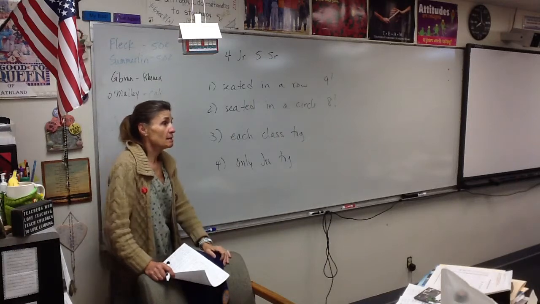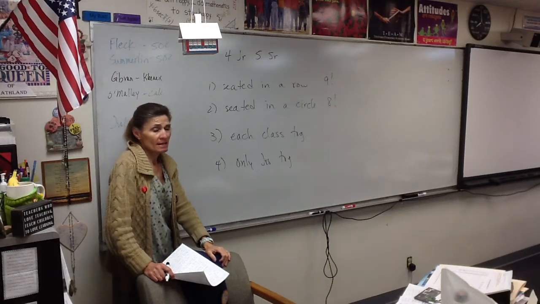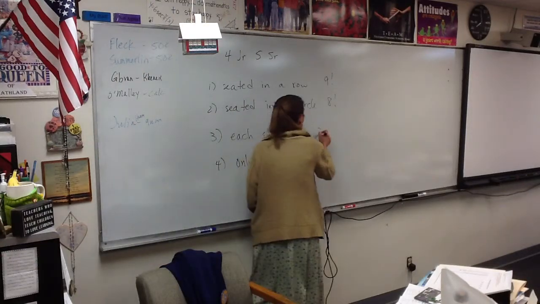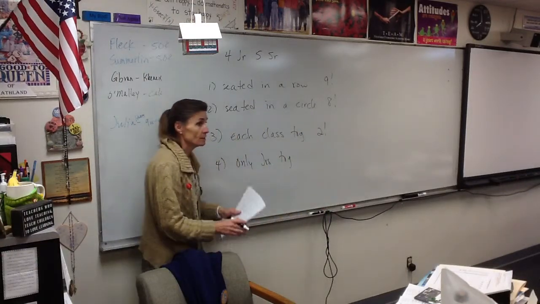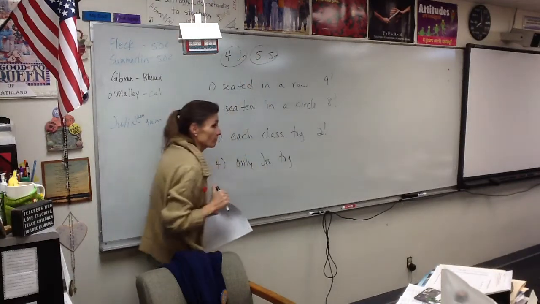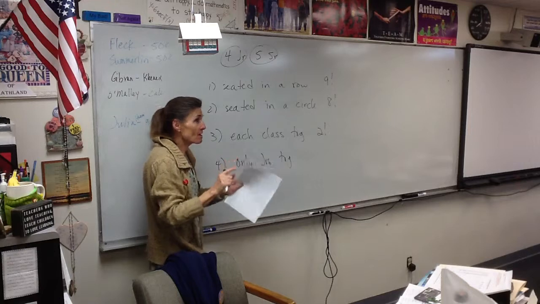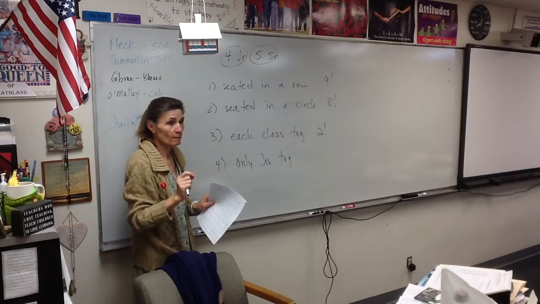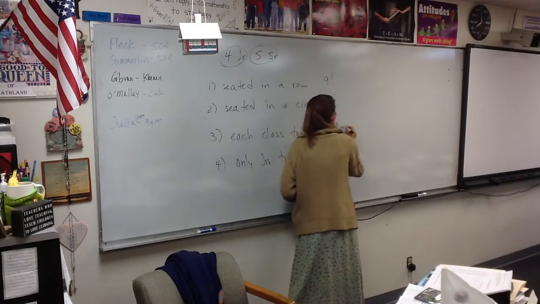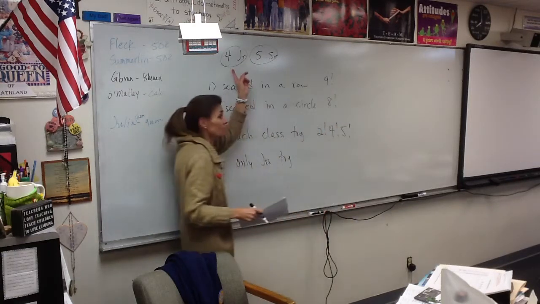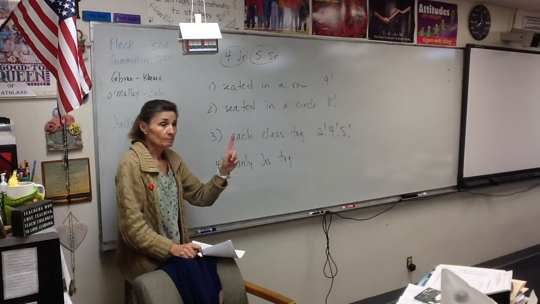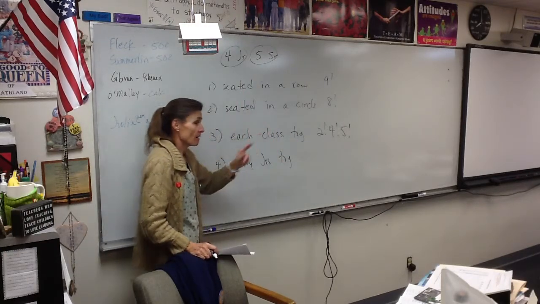Okay, how many ways can I seat them in a row if each class has to be kept together? 2 factorial. And why do we start with 2 factorial? Because if you group them into classes, there's 2 groups. But if you stop there, you're not going to get full credit, because 4 factorial, 5 factorial, those 4 can be tied together 4 factorial ways, and those 5 can be tied together 5 factorial ways.